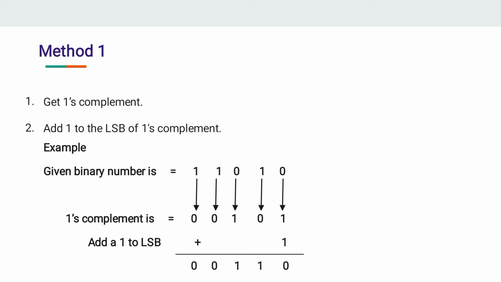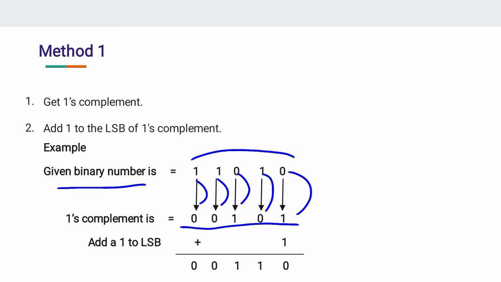The steps are, first we get the ones complement of the binary number. So this is the binary number 11010. For its ones complement, we change 0 to 1 and 1 to 0, like this for all bits. Then this is the ones complement. The second step is to add 1 to the LSB of the ones complement.